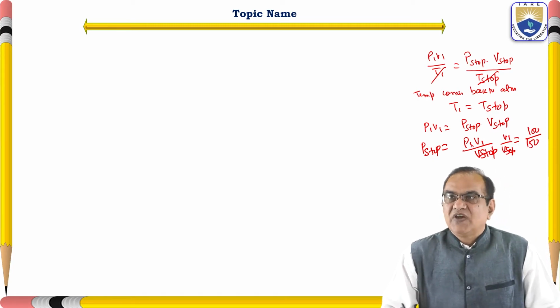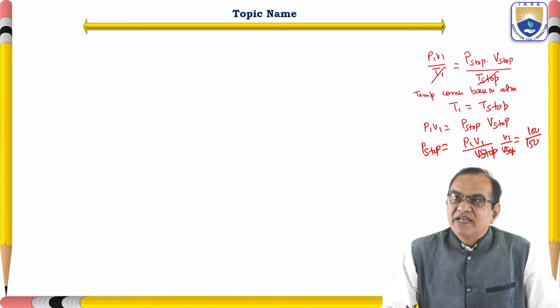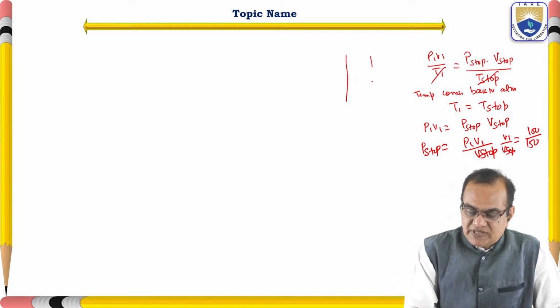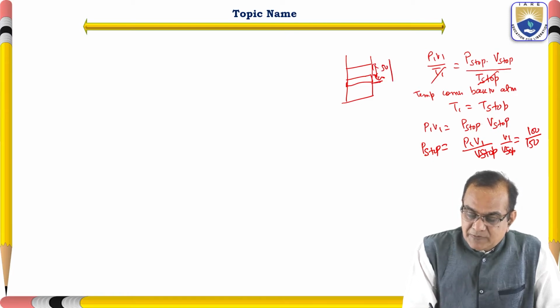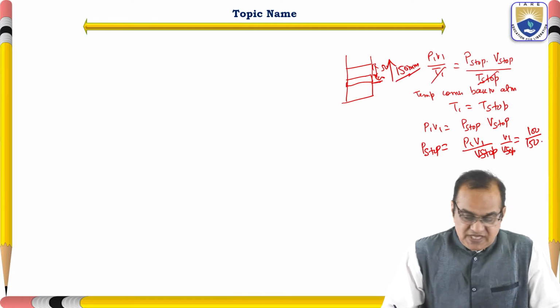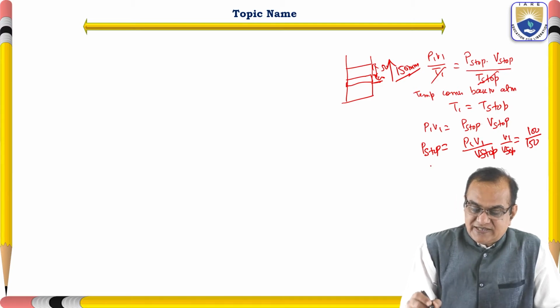By the diagram, V1 is equal to 100, and this is 100 plus the upper side. If you see this diagram here, the piston is here. So this is 100 and here is 50 from here to here. So from here to here, the piston has to move 150 millimeter. So 100 by 150.